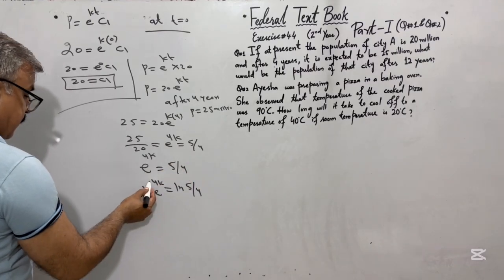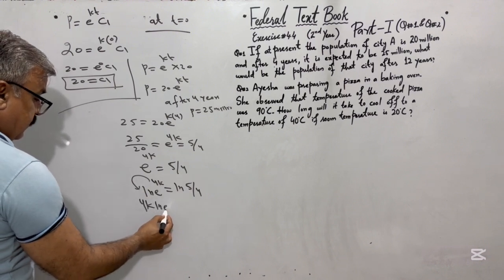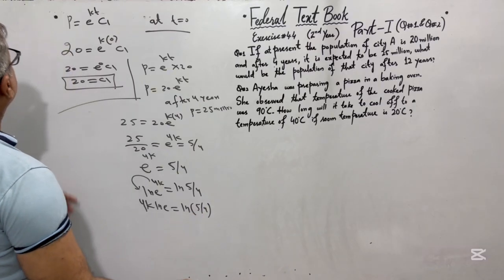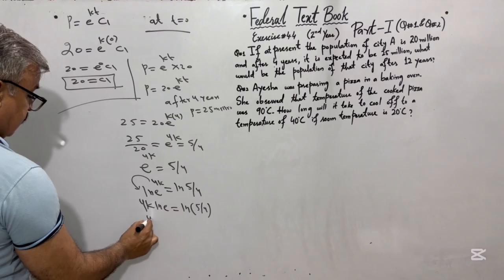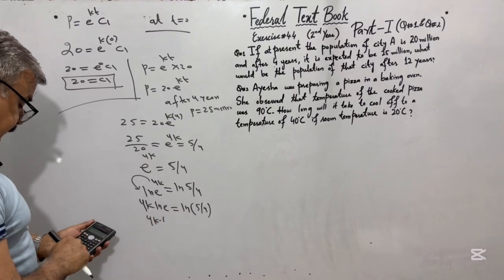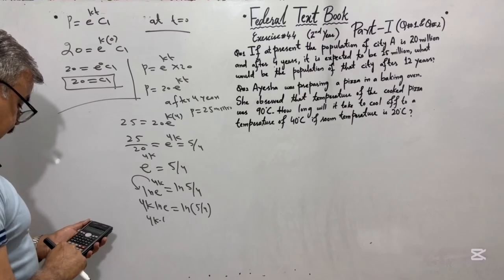ln e cancels out, leaving 4k as the coefficient, since ln e is equal to 1. So 4k times 1 equals ln of 5 over 4. Let me check using a calculator with brackets: ln of 5 divided by 4 gives 0.223.